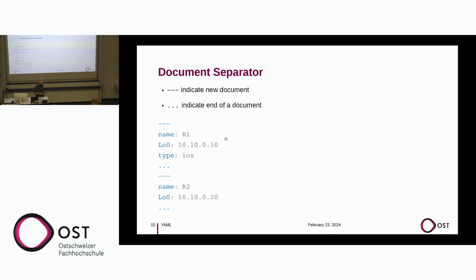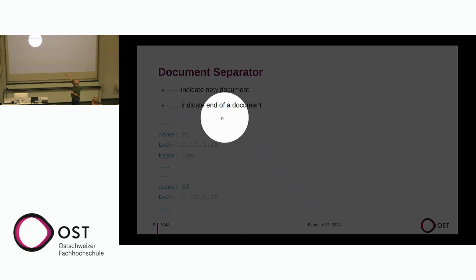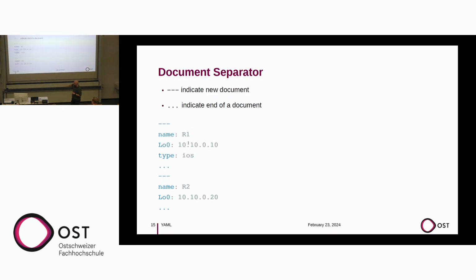We can also have multiple documents in one document. Normally we don't really need to indicate a new document with these three dashes and the three dots for the end of the document, but we could, and then we can have one big file with multiple documents.